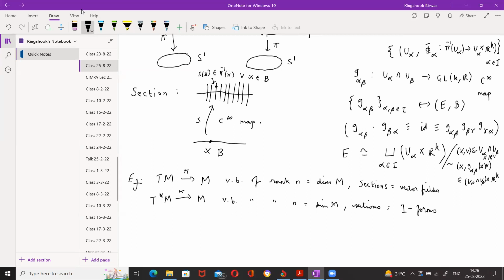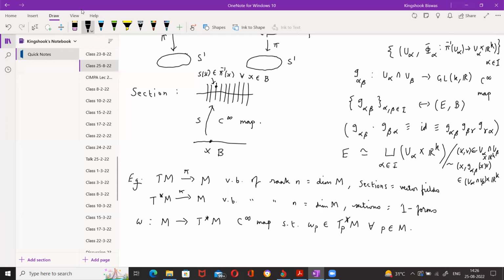So what is a one form? It's a smooth map omega from M to T star M such that omega at p is an element of the cotangent space Tp star M for all p in M.